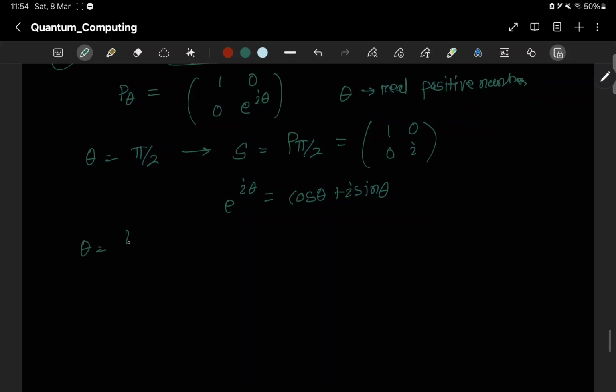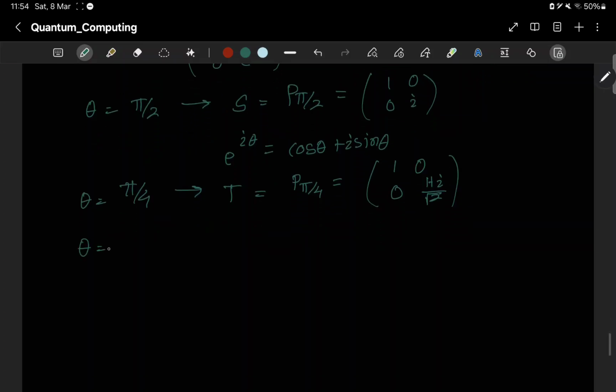Now let's say theta is equal to pi by 4. It gives us an operation called T. So it is pi by 4 and it becomes 1 0 0 (1 plus i) by root 2. If we put pi by 4 here, cos theta will be 1 by root 2, and sin theta will also be 1 by root 2. So it will be (1 plus i) by root 2.